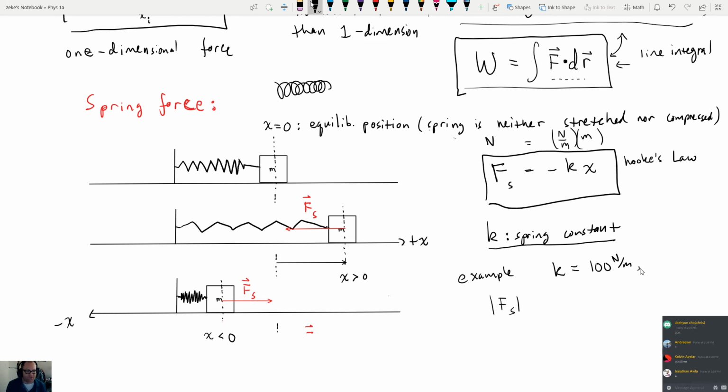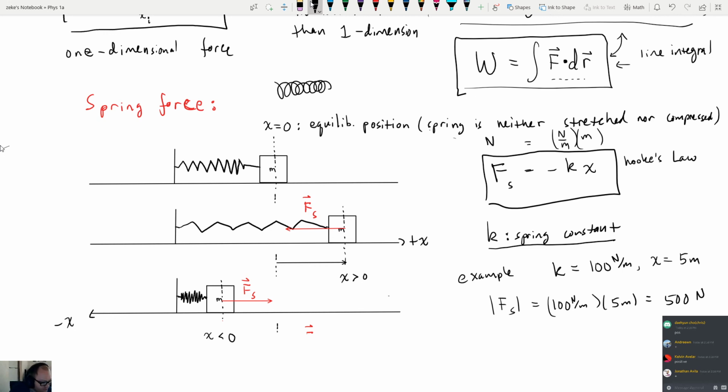If we stretch it by a displacement of, I don't know, 5 meters, then the force of the spring is going to be equal to 100 newtons per meter. You multiply by 5, you get 500 newtons. This is just magnitude. The direction would depend on it: if you pull it to the right, the force is left. If you squeeze the spring, the force is going to be down. Again, the force always points towards equilibrium.